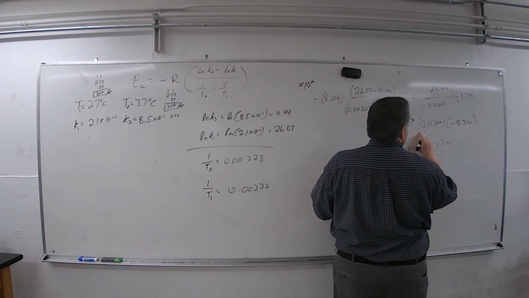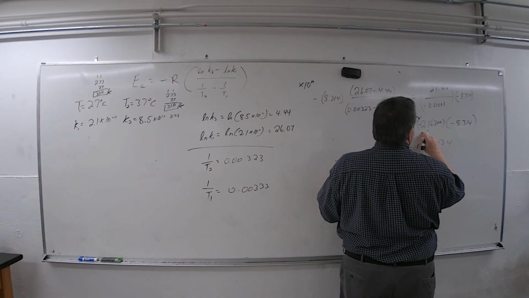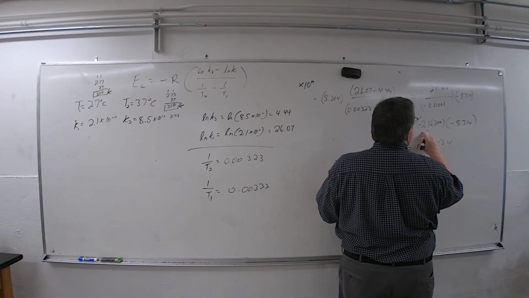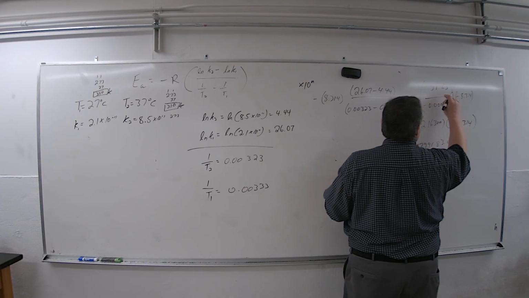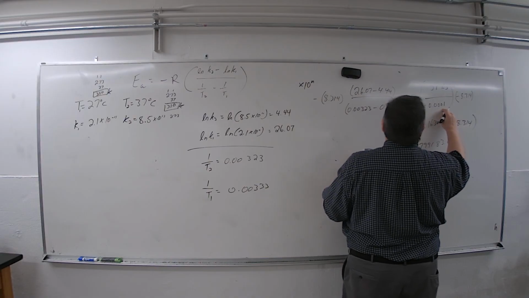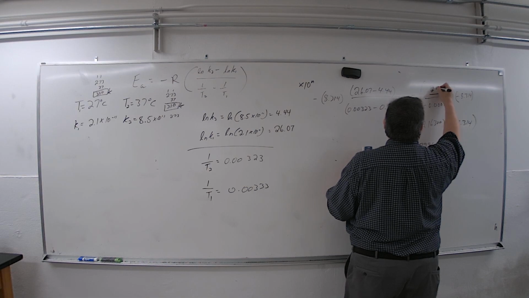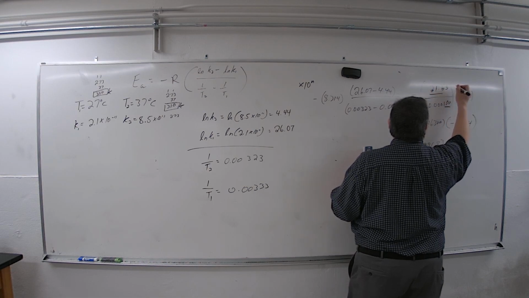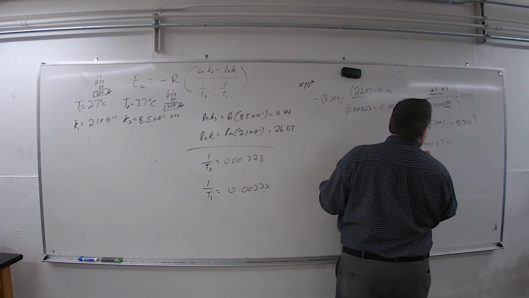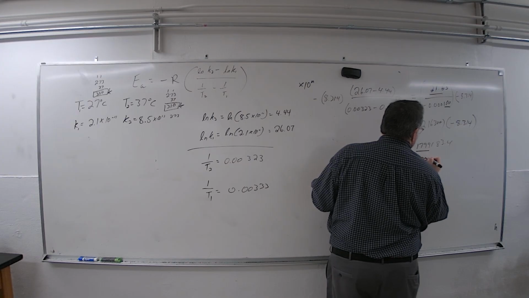Probably kept too many digits here. So that's 4. This was really 3. That one was 4. And that was 4. So this should be 3. So 1, 8, 0, 0, 0, 0, 0.